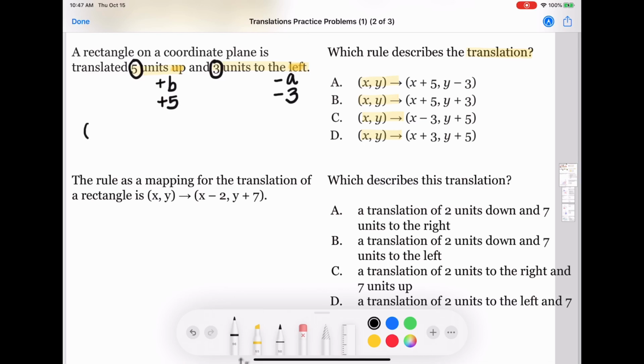Okay, well, we know mapping rules typically take the form of this. Well, given the information that we've just been told, we know what the value of B is and what the value of A is. So we would just substitute that into the mapping rule.